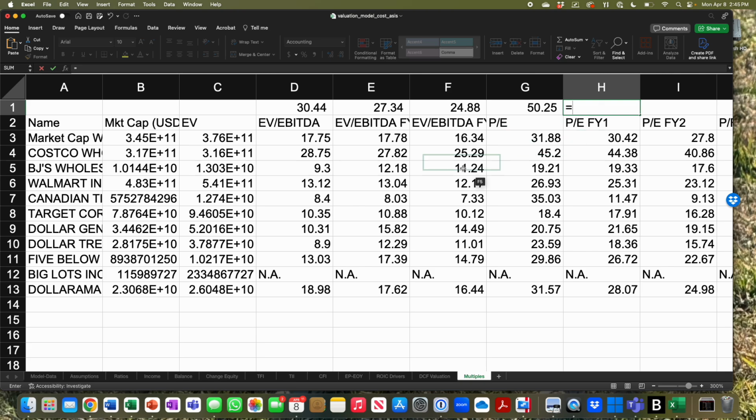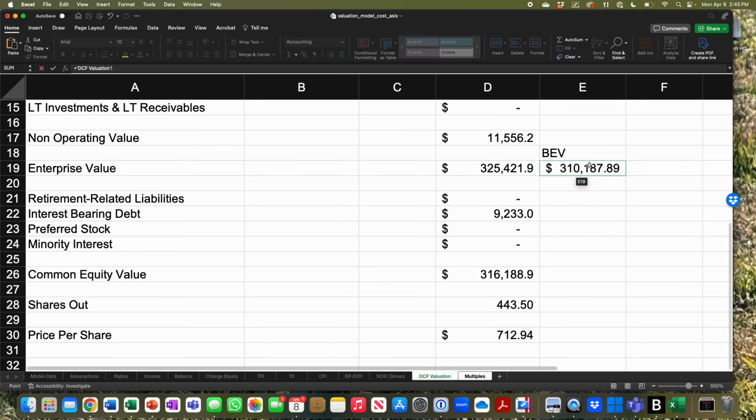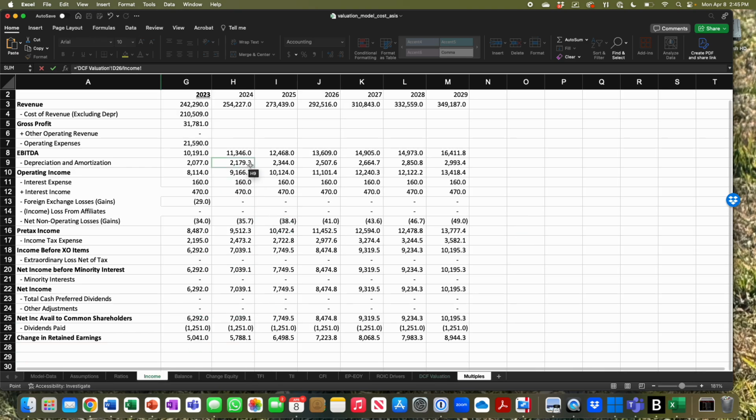Forward year 1 equals price divided by income H22.